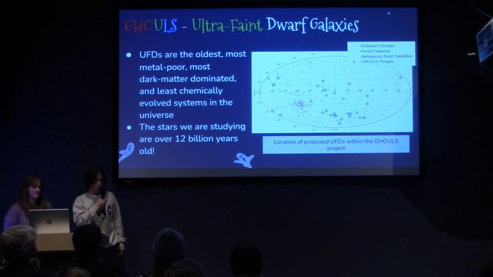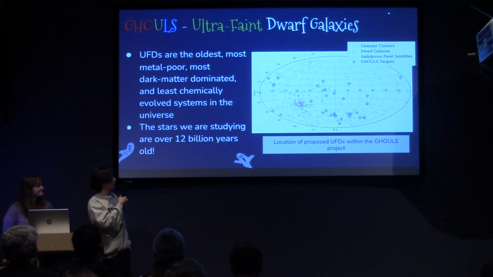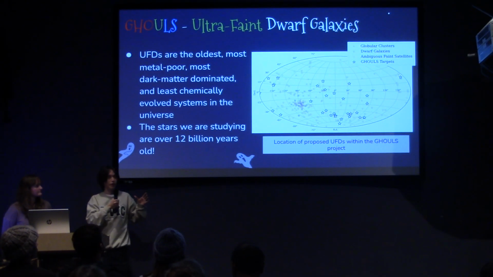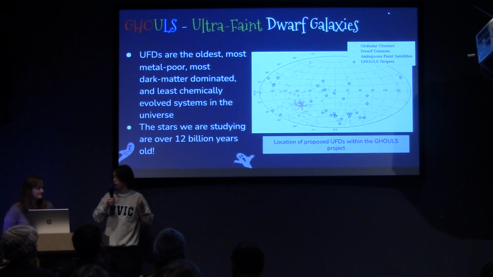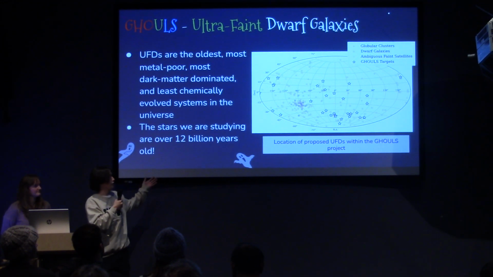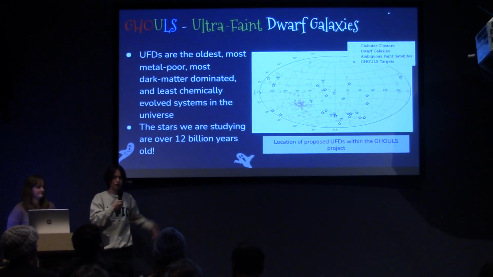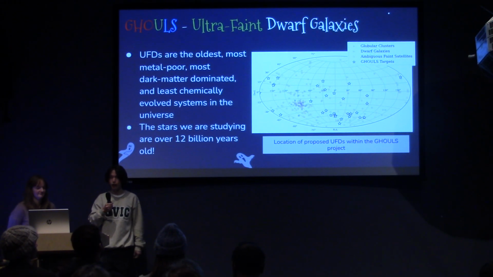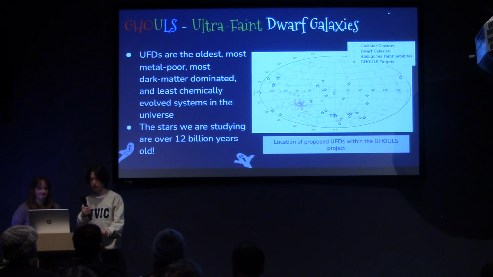To put in perspective how old these systems are, I believe the solar system is about 4.6 billion years old. Some of the stars in these UFDs are 12 billion years old, some go up to 13 billion, and the universe has only existed for roughly 13 billion years.